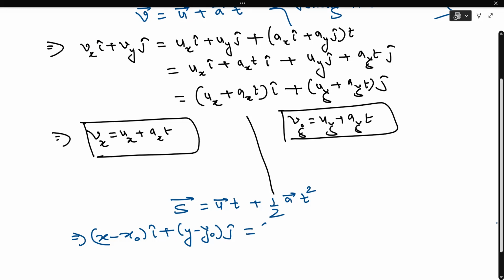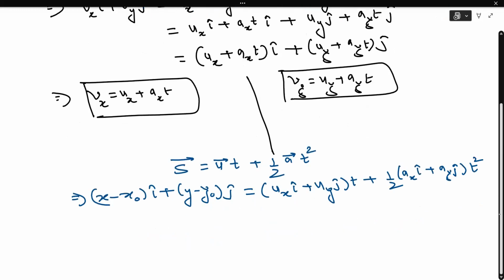In the same way, what will u be? ux i cap plus uy j cap. What will a be? ax i cap plus ay j cap. Okay, so once again collect the terms together.